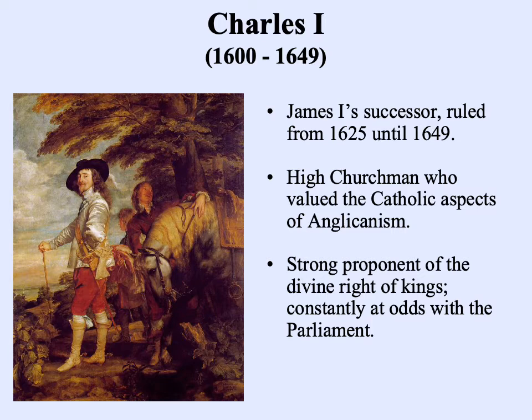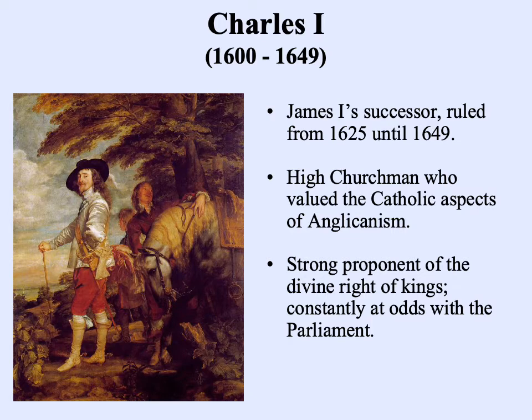Unfortunately, the same cannot be said of his son, who governed after him, Charles I, and he would reign from 1625 until 1649. So very much like his father, right? He was kind of an Anglican at this point, but we would call him a high churchman, someone who valued the Catholic aspects of Anglicanism and had no intention of eliminating them, and a strong proponent of the divine right of kings, right?